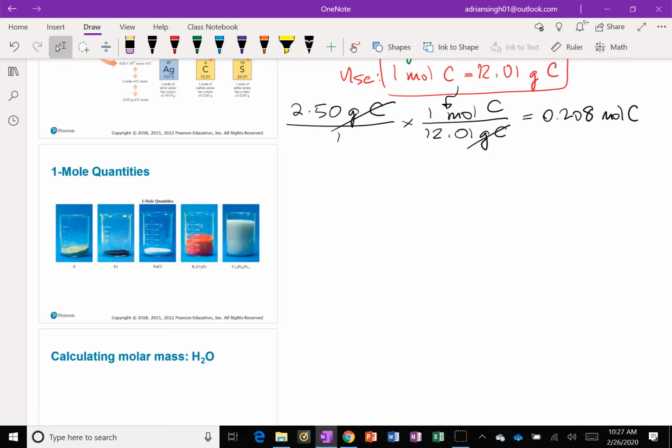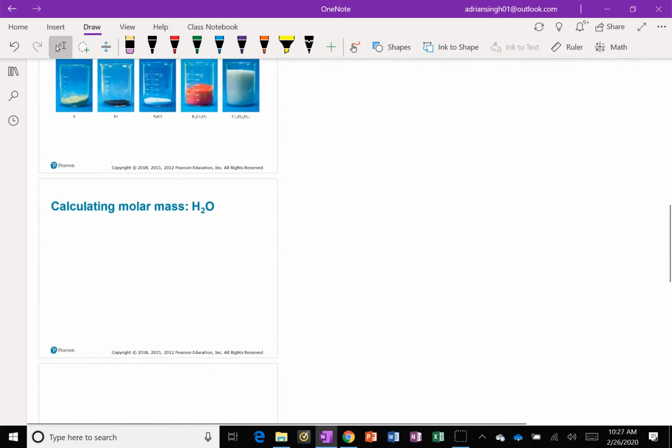The only difference now is we're getting those relationships from a different place. Whether it's from the chemical formula or from the periodic table, we can come up with these equalities that we can manipulate whichever way we need to get the units in the right place so they cancel out and we end up with the unit that we actually need.